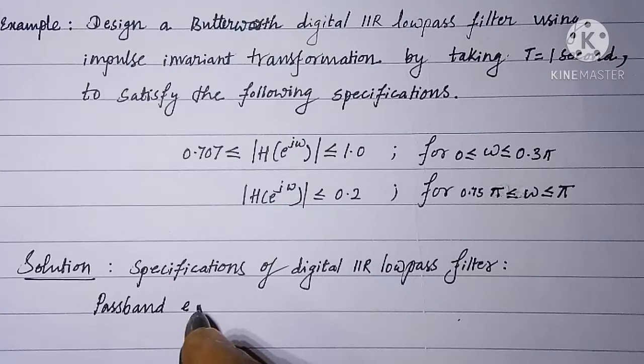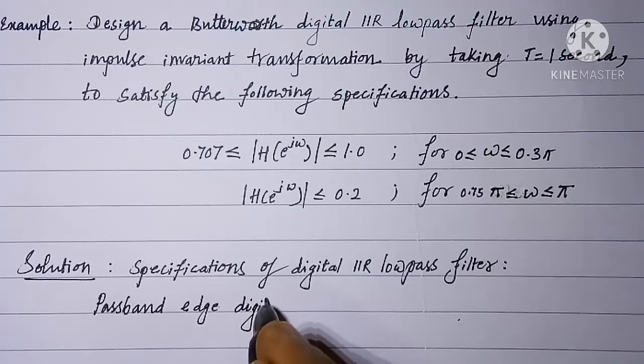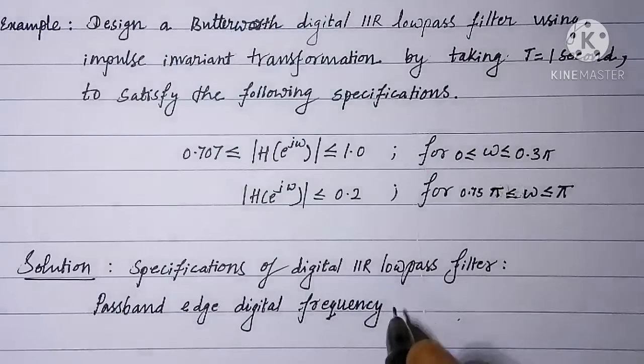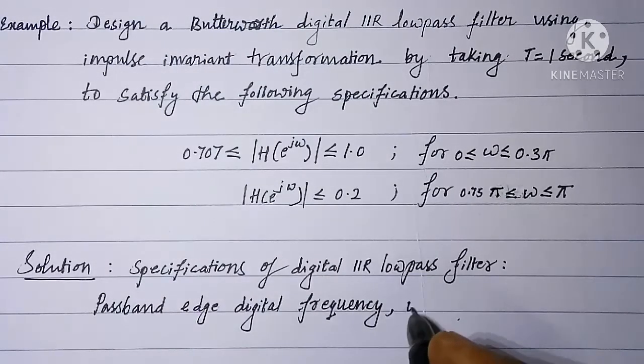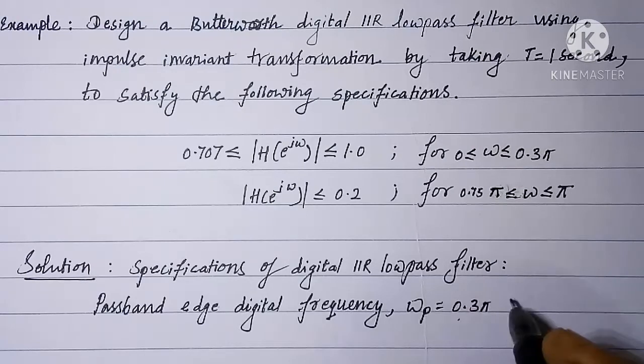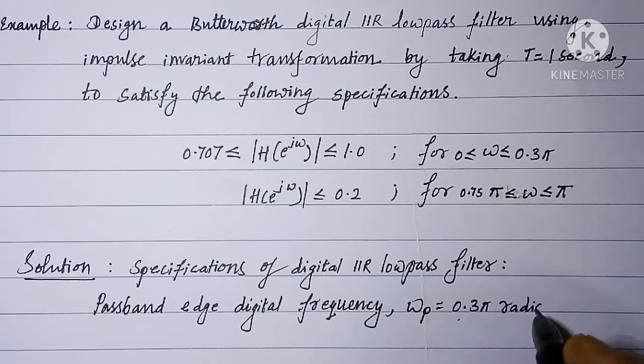Passband edge digital frequency omega p is equal to 0.3 pi radians per sample.